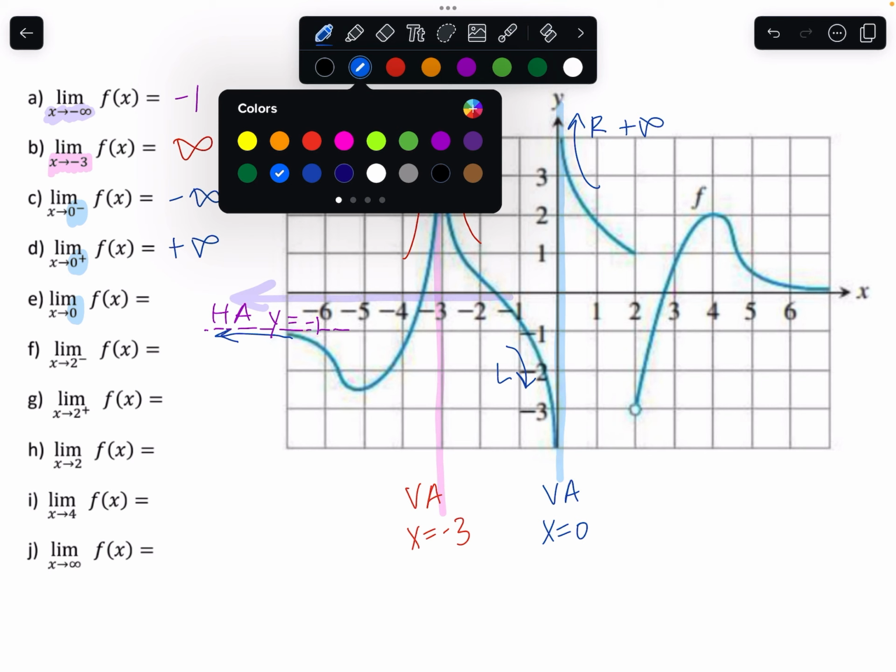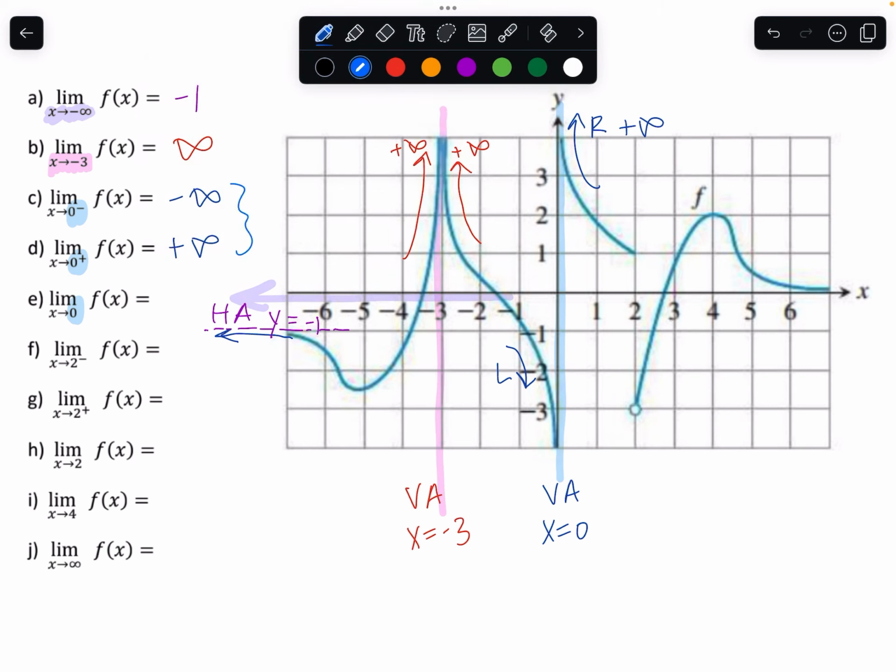So when we look at the general limit, because those two limits do not match, negative infinity is not the same as positive infinity, the limit here does not exist. The general limit doesn't exist, but the left-hand limit and the right-hand limit, even though infinity doesn't exist as a number, they have direction. We are approaching a direction, and we use positive infinity and negative infinity to indicate that idea of a direction.